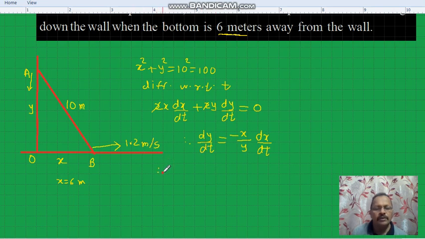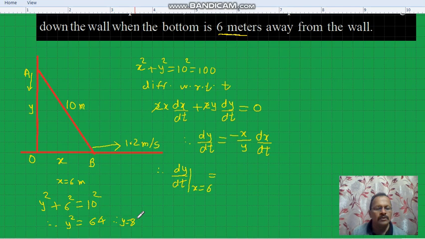Using this right angle triangle, when x is equal to 6, I get y square plus 6 square is equal to 10 square, and therefore y square is equal to 64, and therefore y is equal to 8.